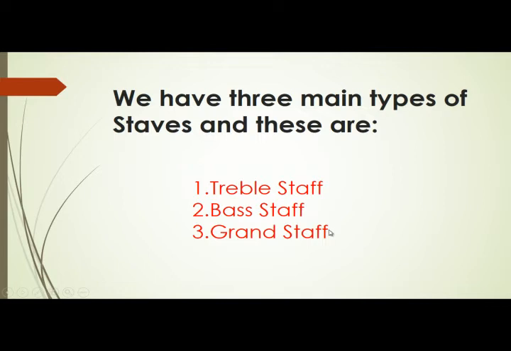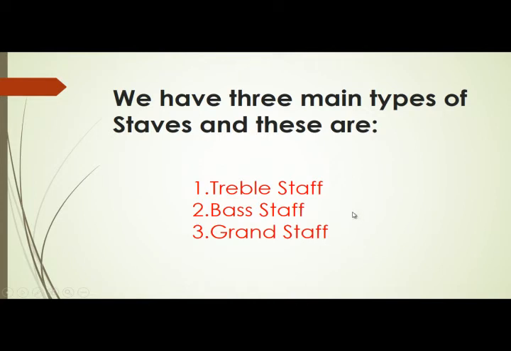And remember, a staff is a piece of paper with horizontal lines on which you write musical notes. So we have got 3 main types of staves. I've just mentioned them: treble staff, bass staff, grand staff.